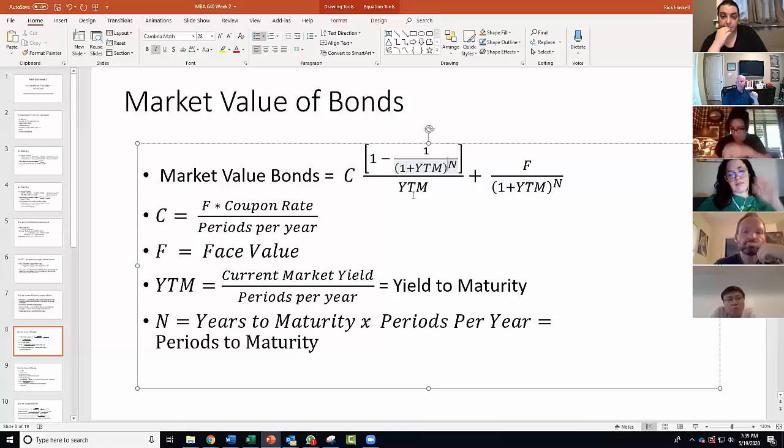Do not give me an annualized or a full year's YTM and a half of a year's coupon payment, or half a year's number of periods. You've got to express them similarly. Now face value, F is F. It's the face value. Okay?